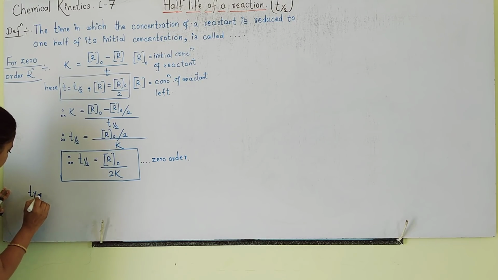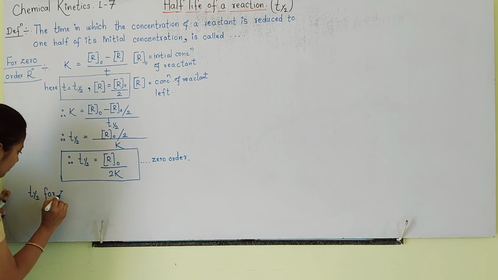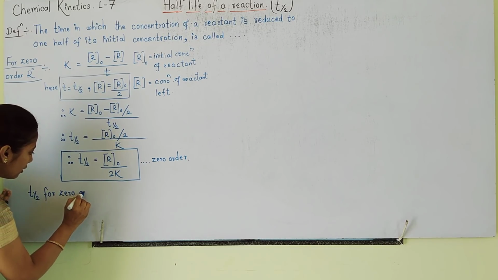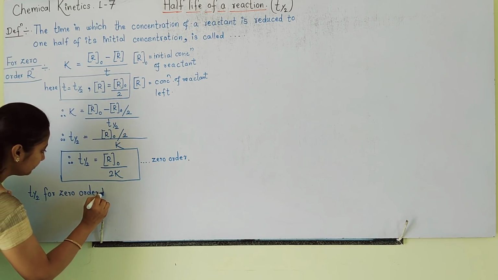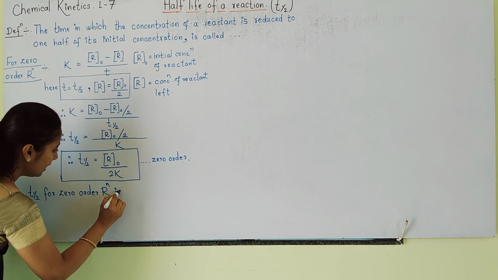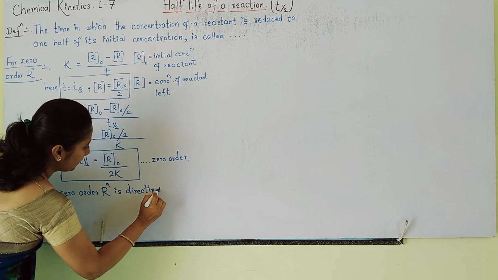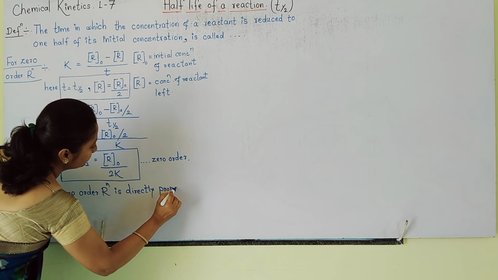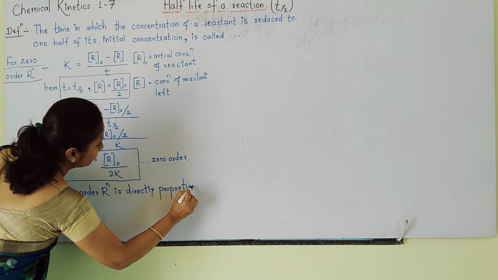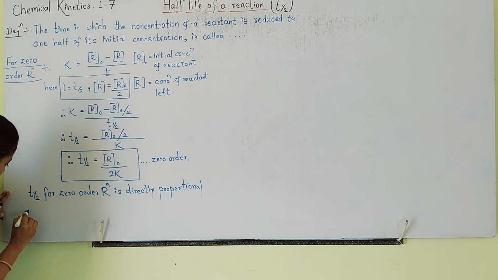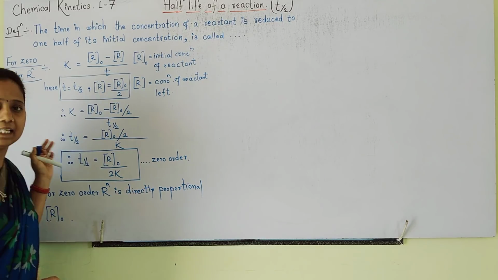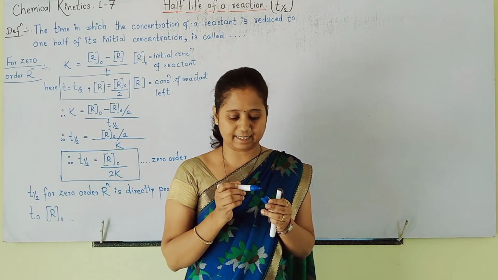Okay. So conclude, I am writing half-life for zero order reaction is directly proportional to initial concentration of reactant. R naught means initial concentration of reactant.